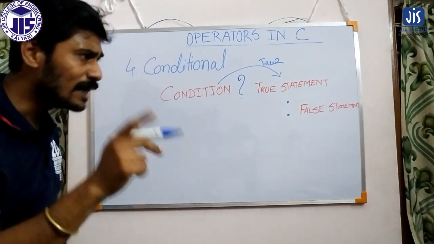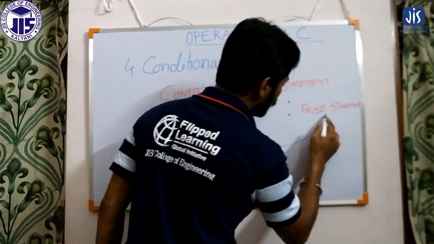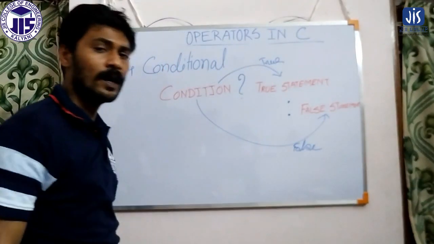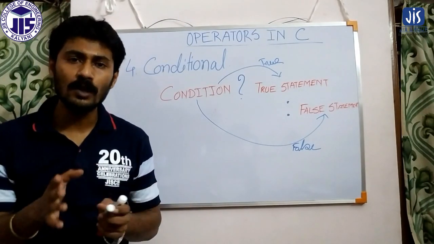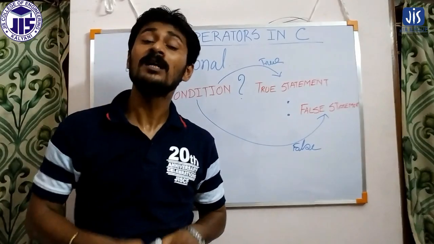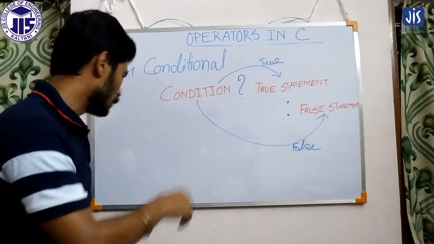And if the condition is false, then the true statement will not get executed. It will directly go to the false statement. So first it will verify the condition. Depending on whether it is true or false, it will decide which statement is to be executed and which is to be skipped. I am giving another example of this, how we can do it.